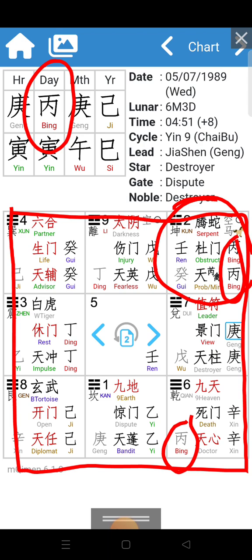In box 2, you'll notice there are two of them. When two of them come together, this is what we call a Fu Yin chart, F-U-Y-I-N, a full yin chart. The Fu Yin chart constitutes that this person is a very, very focused person. Focused in such a way that it becomes stubborn. In life, he has his own way of doing things and believes in certain things.